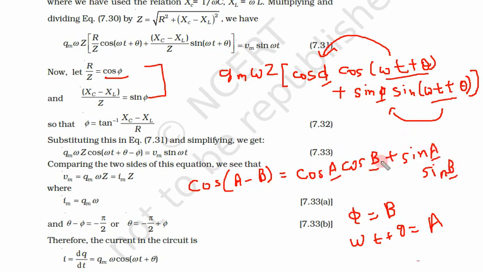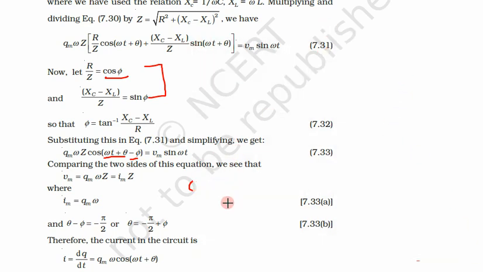It is symmetric in cos, so sin b sin a or cos b cos a gives the same result. So we can write cos a minus b, where a is omega t plus theta and b is phi, so minus phi. Symmetric functions are those in which we change a and b and the result does not change. So this is the value of a, this is the value of b, and we have put them in this equation.